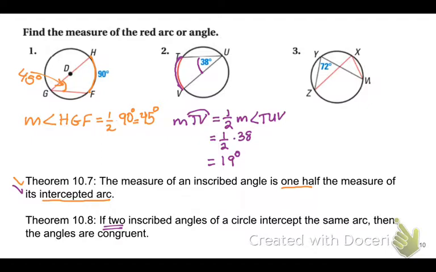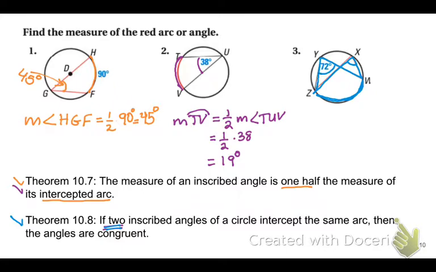Now here we have two inscribed angles. So theorem 10.7 isn't going to help us, but theorem 10.8 is. What are our two inscribed angles? Remember, we're going to be smart about which ones we pick. We want to find out this red one here, and conveniently, the one that shares its arc is the one that's given.